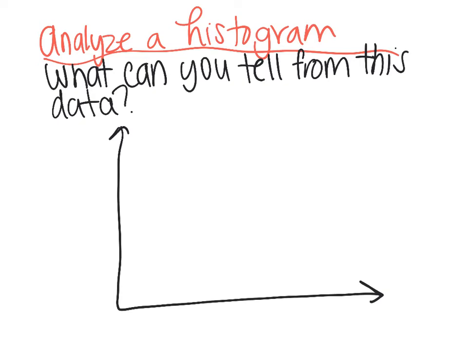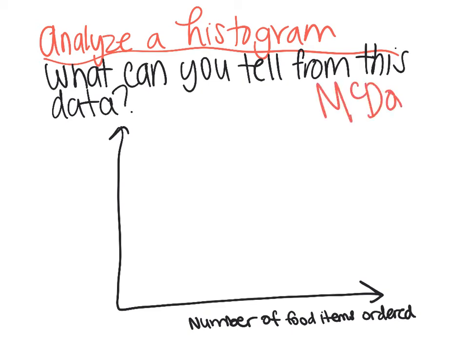So I'm going to label my X and Y axis. Down here on my x-axis, I'm going to put the number of items ordered. By the way, this is a McDonald's graph. And then our y-axis is going to be the speed of service in the drive-thru in minutes.